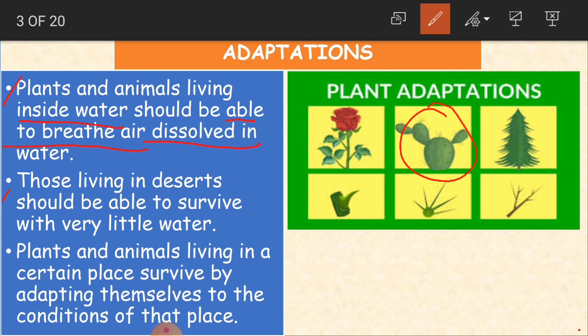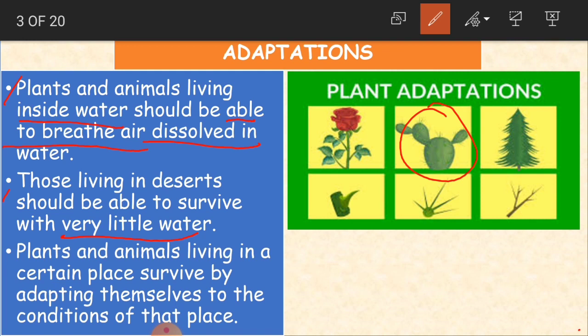These plants which live in deserts survive with very little water. In deserts we don't have water, but still these plants are able to live there. How? Whatever water they get, they store in their stems. Like that, they are able to live there with very little water, and they are making themselves comfortable with that hot desert climate.